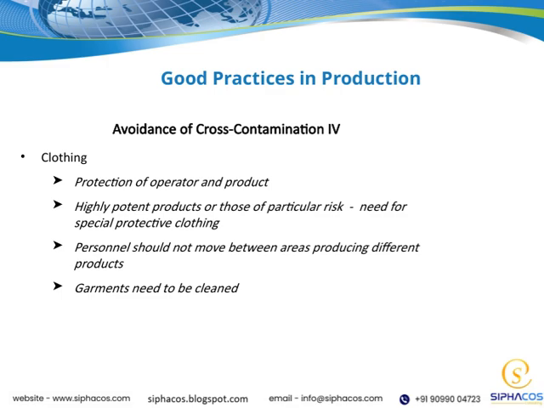Garments should also be regularly cleaned to maintain a high standard of hygiene. Remember, these practices are part of good production practices overall, ensuring safety and product integrity throughout the process. Implementing these measures helps us maintain the quality of our products and safeguard everyone involved.